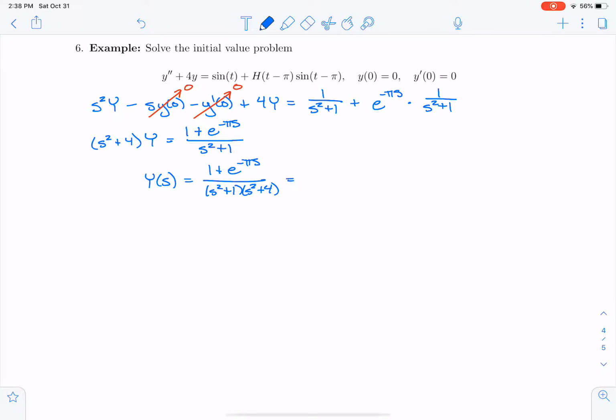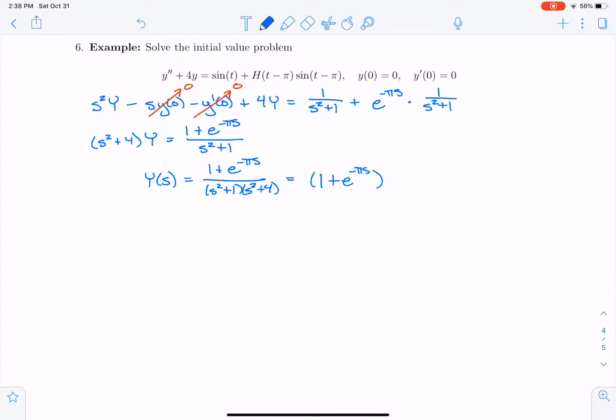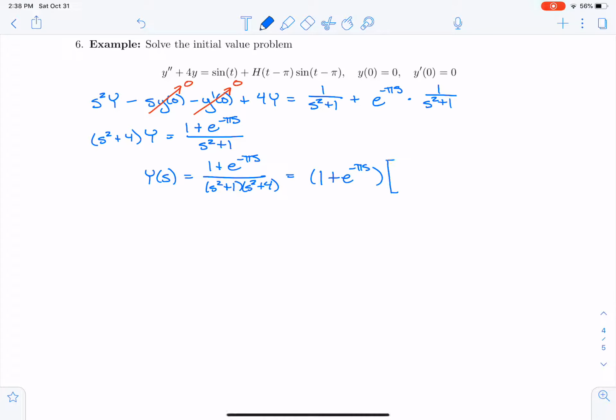So let's take out the 1 plus e to the minus pi s. And then using partial fractions, we're going to want this to look like A over s squared plus 1 plus B over s squared plus 4.